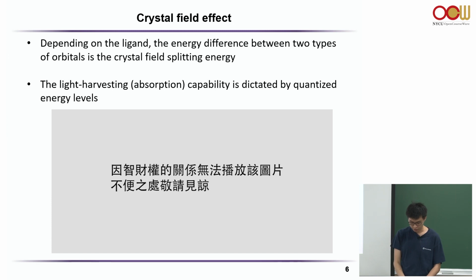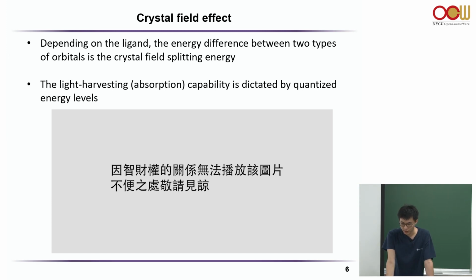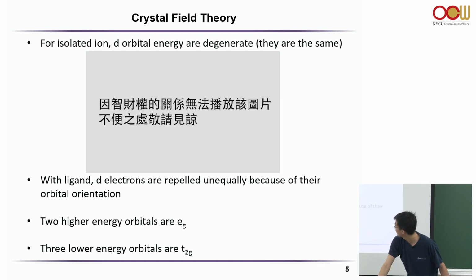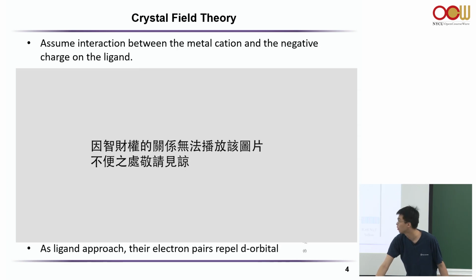If you flip to your page 1059, you will see weaker field and stronger field, depending on the structure of your ligand. This actually shows the energy level difference between the T2 set and the E set. To remind you, this is what these different orbitals look like.